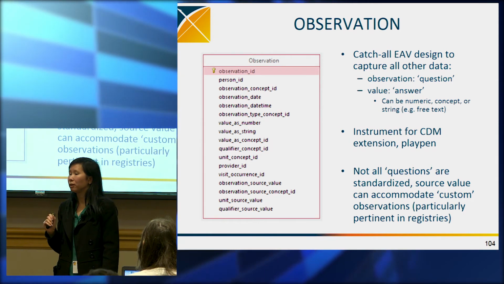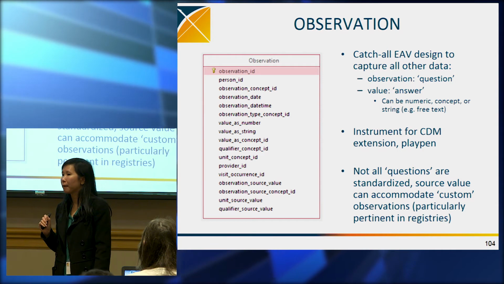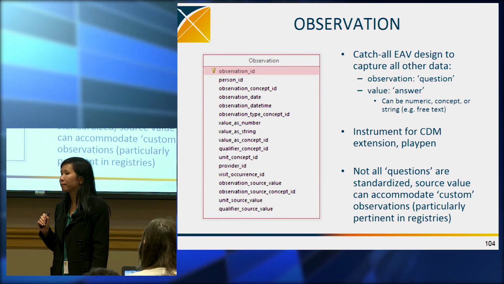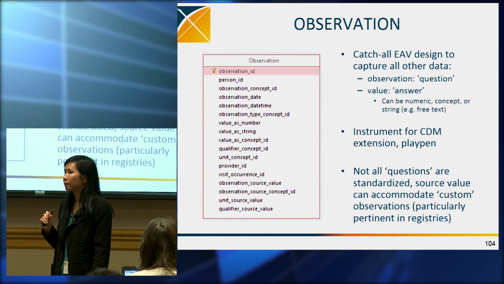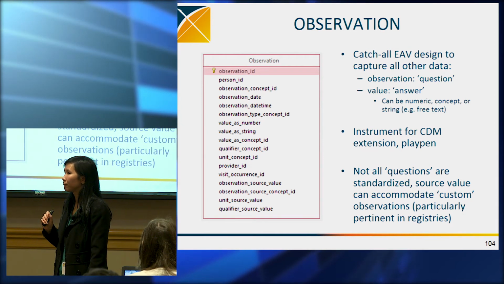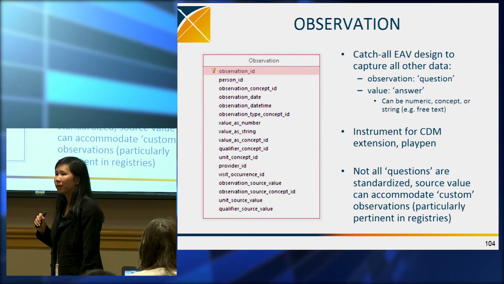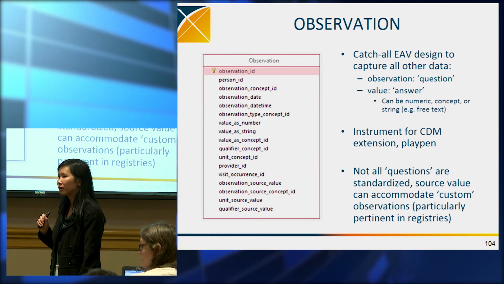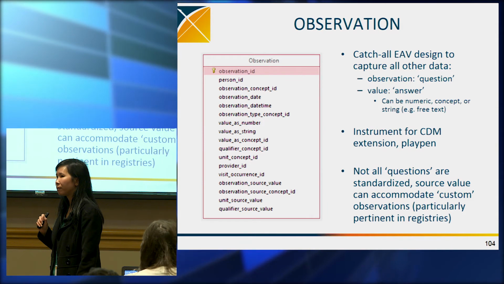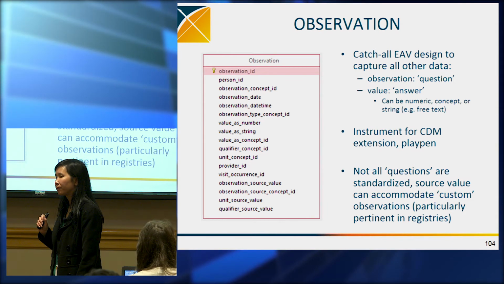Yes. Do you normally have value as number, value as string, or value as concept ID? My assumption was that value as concept ID was the concept ID for either of those two, but it sounds like I'm wrong. Sorry, repeat that question again. On a normal record, you have a value. Would one of those three columns be filled, only one of those values?